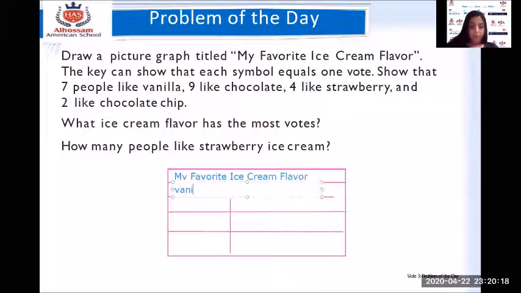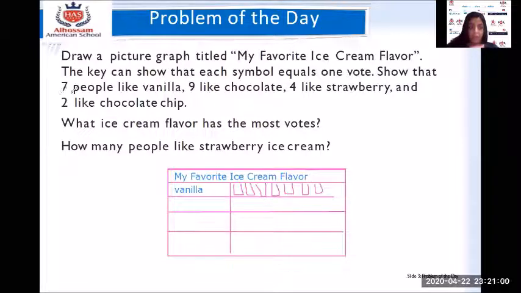And how many votes for vanilla? 7. So I have to draw 7 ice creams with vanilla flavor. And then you're gonna do the rest. Okie dokie. So now you can answer the questions.